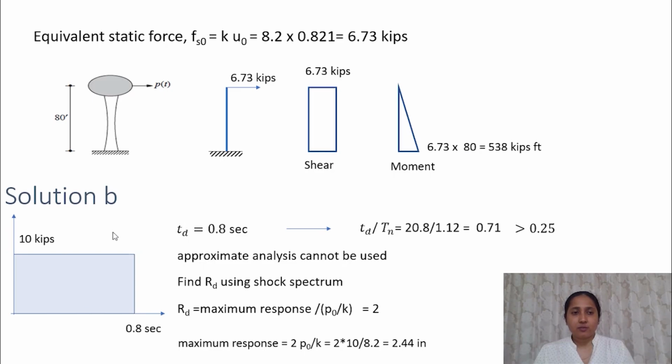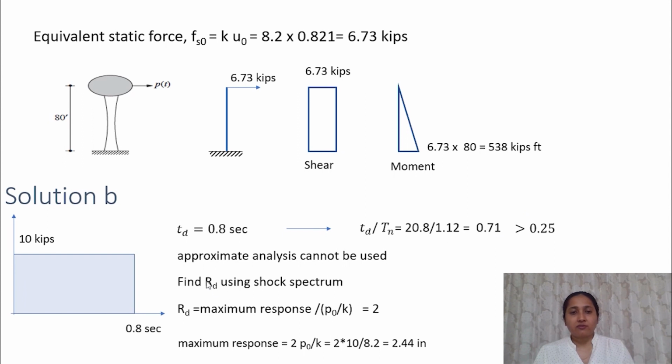Now for the next pulse force, the duration of the pulse is 0.8 second. So this is a long pulse. This 0.8 duration gives a TD by TN ratio equal to 0.71, which is higher than 0.25. So we cannot use the approximate method to find the maximum response.